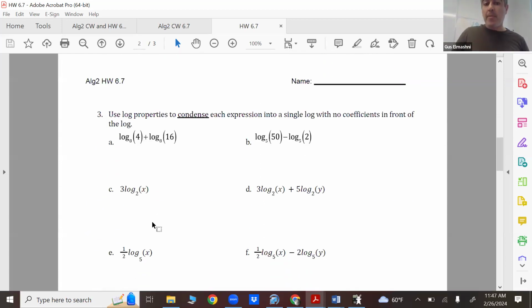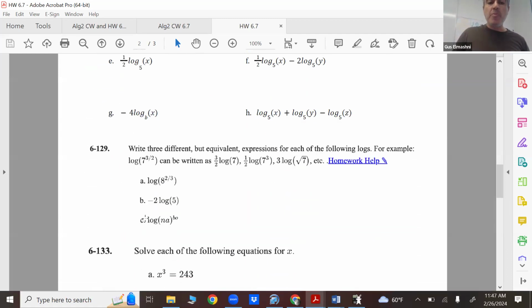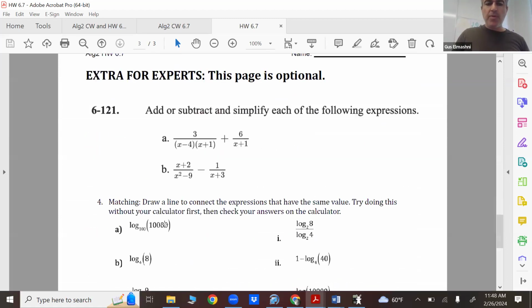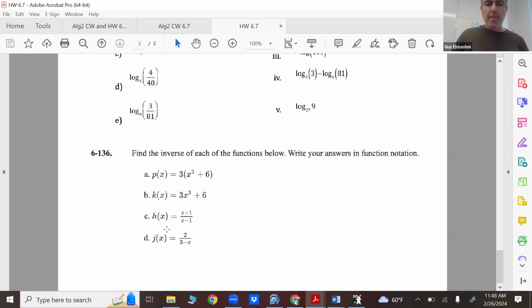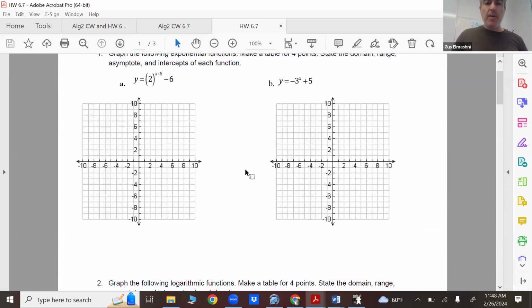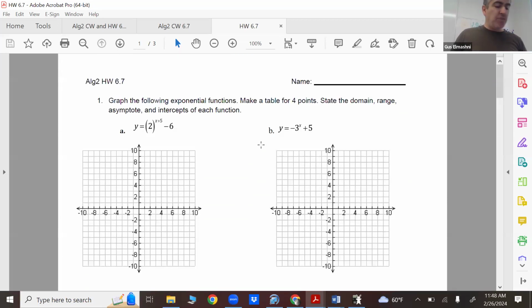But 3 is what I care the most about because that's what we did today. 129 kind of is good because we started talking about this today. And 133, just solving. And if you want to do the extra problems, go ahead, give them a try if you feel so ambitious. Yeah, and we have what, another 22 minutes. So you guys could probably knock this out. Actually, let me work on the answer key right now. I could do this very quickly and then scan it and share it with you guys. So yeah, let me stop the recording.